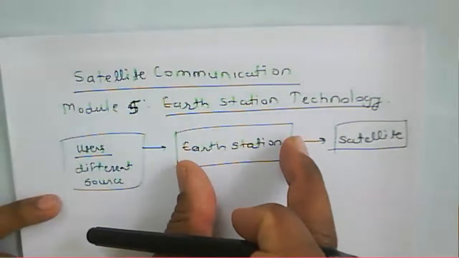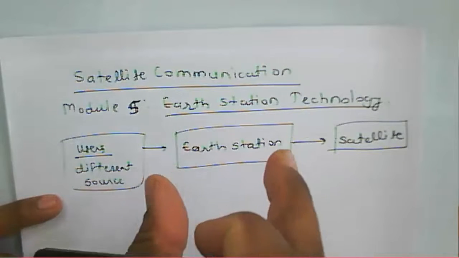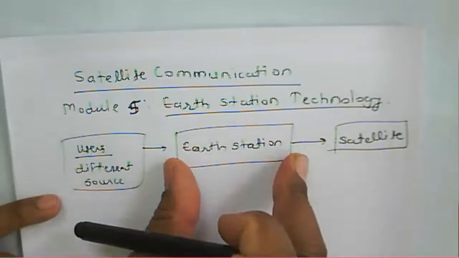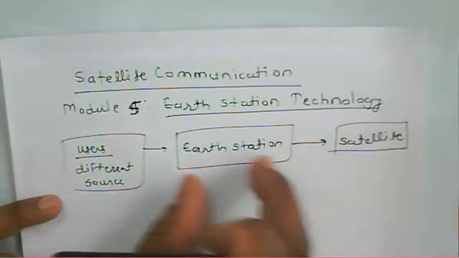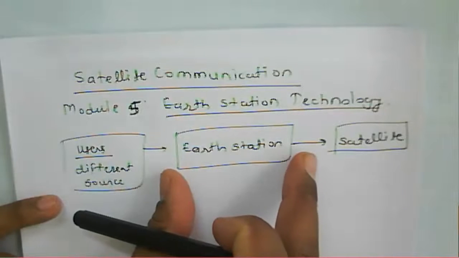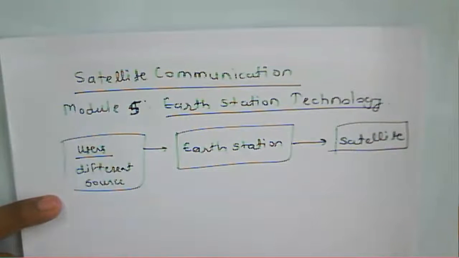Means here in this case the aircraft will act as an Earth station. So you will communicate to the aircraft, then the aircraft will communicate through the satellite to the users. That is nothing but what we can call aeronautical satellite communication.